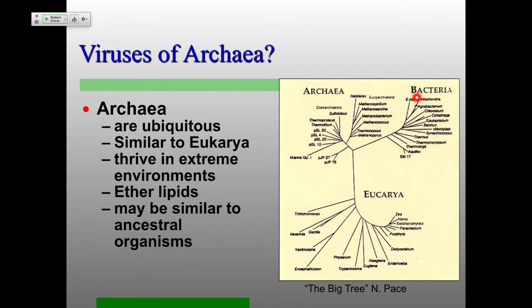Bacteria, there's also a huge amount of diversity in bacteria. And when we talk about eukarya, mostly we're talking about animals represented down here and plants here. So huge amounts of diversity, practically nothing known about these organisms and also the viruses which are infecting them.